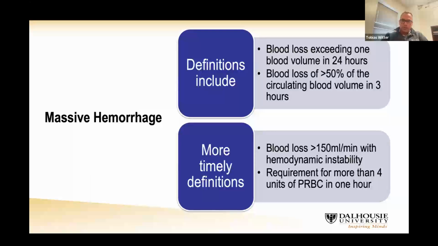The practical application of those is not really great, to be frankly honest. The last one, or the second last one too, may be useful to activate a massive transfusion protocol. But really, nobody is sitting there saying, okay, now we are at 49%, so we can't do anything, now we're at 50%, activate a massive transfusion protocol.